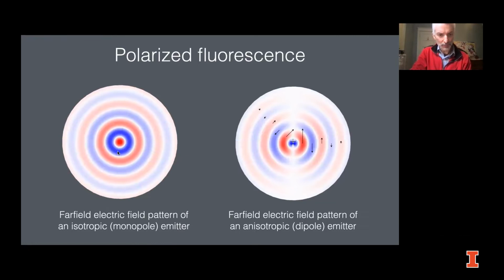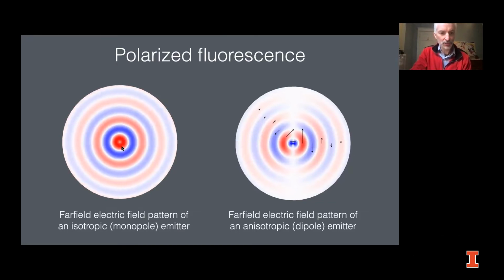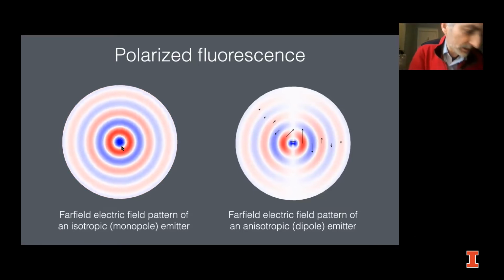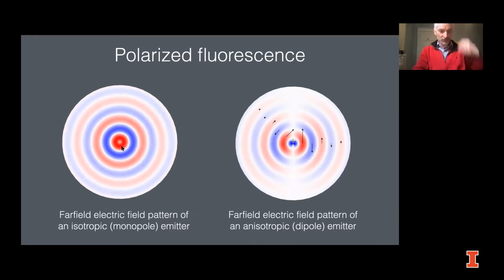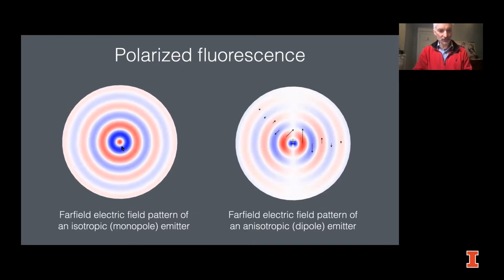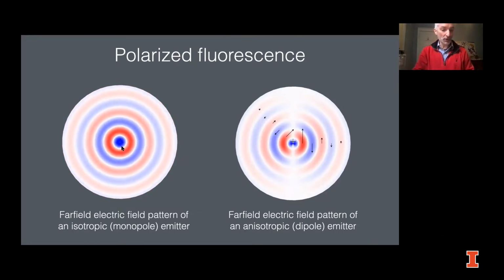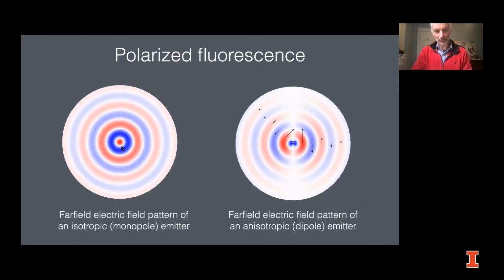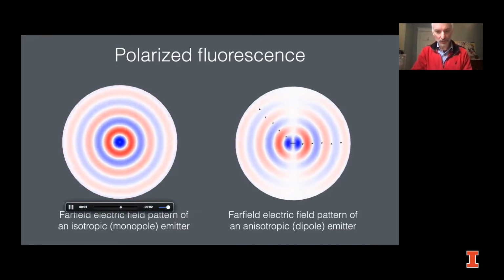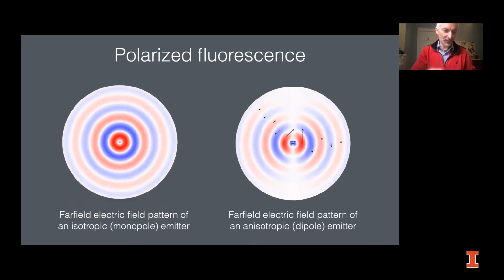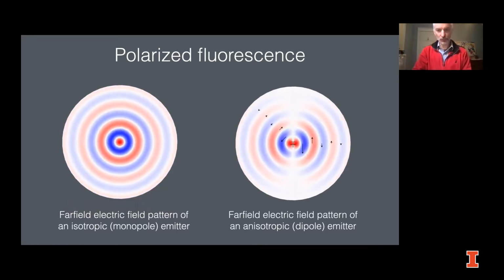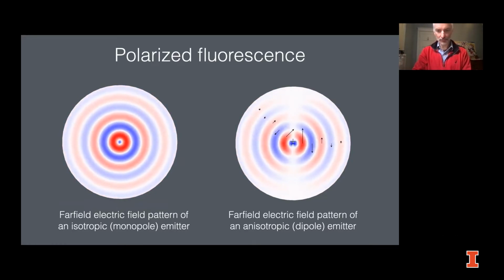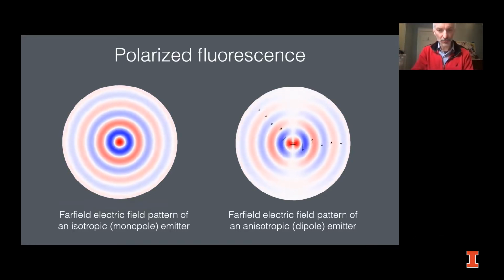Okay, so a little bit about polarized fluorescence. We won't get too much into the details. The usual modeling that we do for these random ensembles or rapidly tumbling molecules pretends that they're a monopole, like an isotropic emitter. But in fact, as I just said, any real, single, fixed, rigid dipole fluorescent molecule is going to be typically a dipole or even higher order emitter.